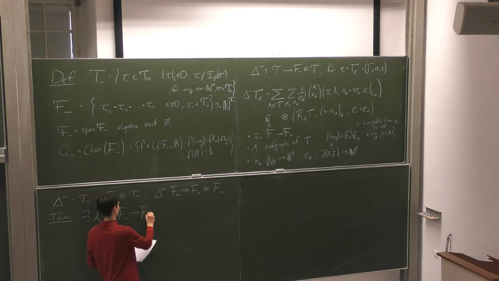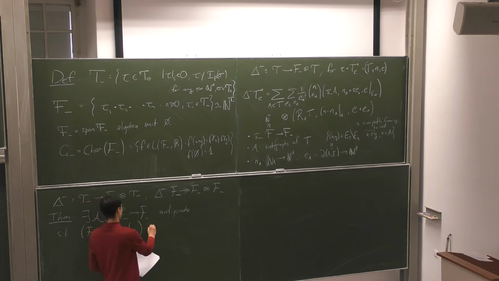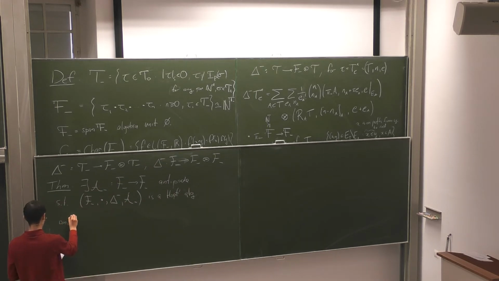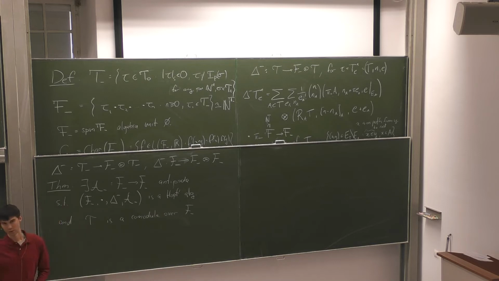There exists a map from F minus to F minus called the antipode, such that F minus with delta minus and the antipode is a Hopf algebra, and T is a comodule over F minus, in exactly the same sense as we had before for the delta plus.